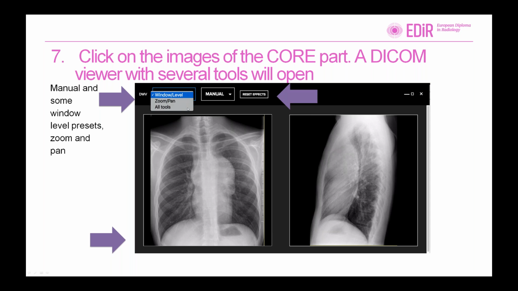So you have all these tools as in a regular viewer to check the case and to go over the images. This is like a regular viewer as you use during your clinical practice. There are presets in the windowing, but you can always do it manually.